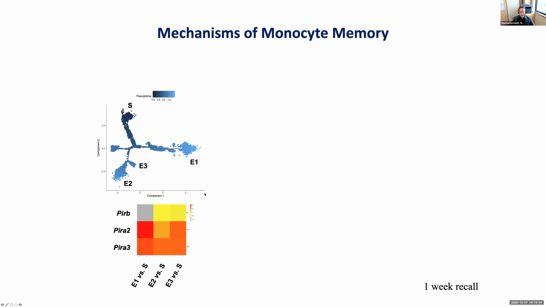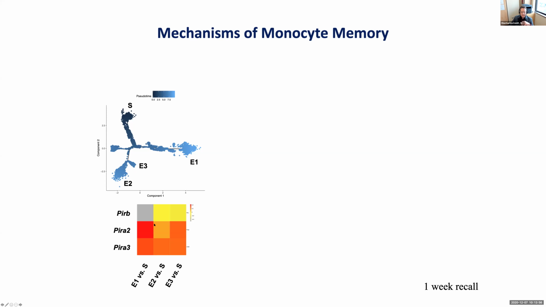And what I'm showing you here is a pseudotime analysis where we were able to identify distinct states of monocytes. The S state we designated as starting state, and then we have these expanded states, E1, E2, and E3.